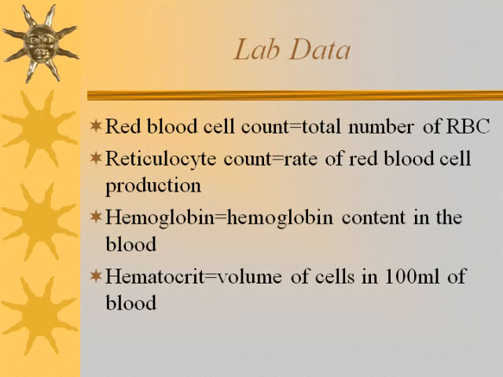In females, you're going to see a little bit of a decrease, 3.6 to 5.0. Your reticulocyte count is basically showing you your rate of red blood cell production. Normally, that's going to be 1 to 1.5% of your total red blood cell count, 1 to 1.5%.